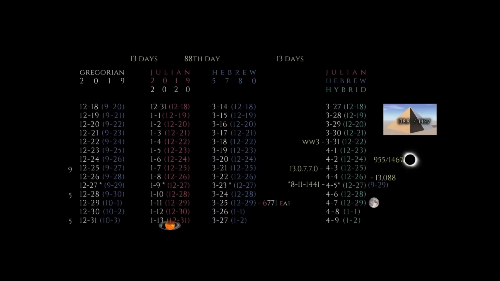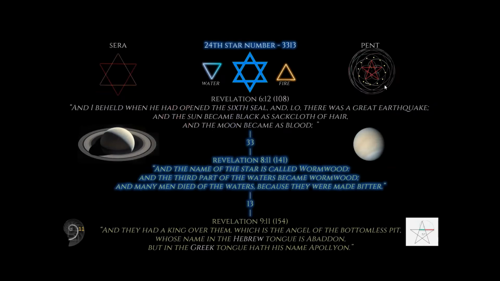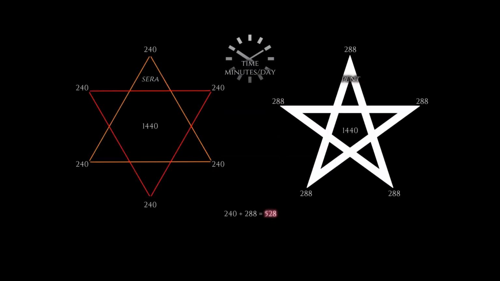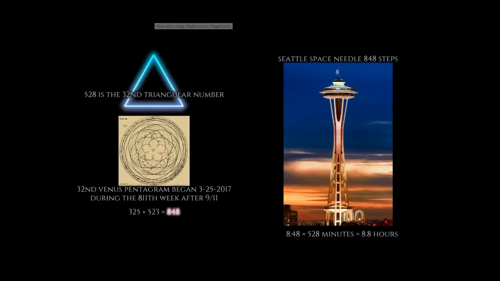If you remember, the 6 and 5-pointed stars are encoded into Revelation 6:12, 8:11, and 9:11 through the mathematics and geometry encoded in those verses. But what we're concentrating on right now is this 528, the 528 minutes, when we take each part from the 5 and 6-pointed star in relation to time.